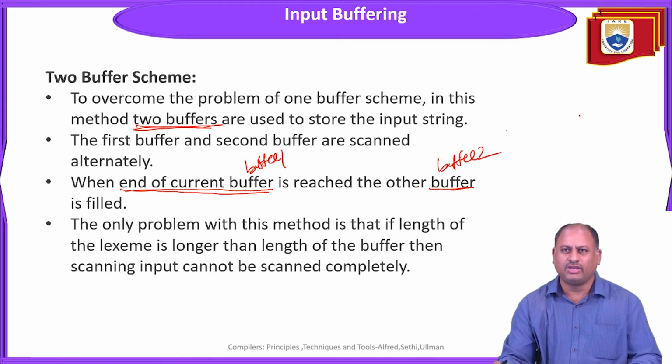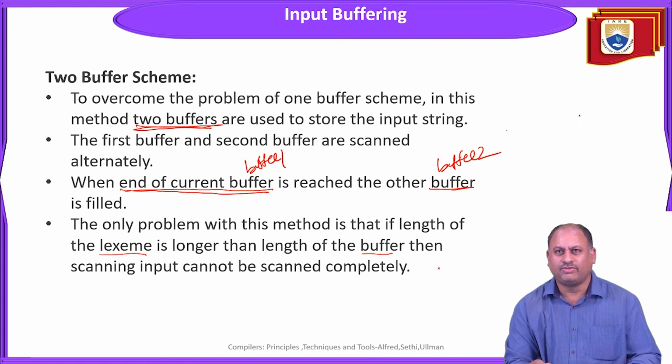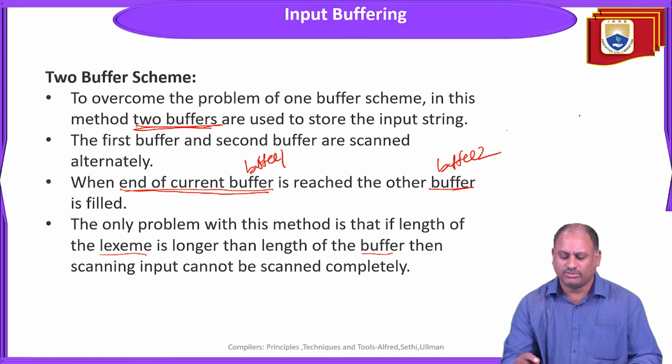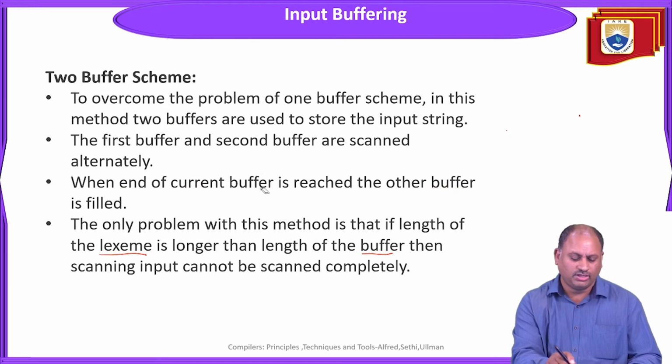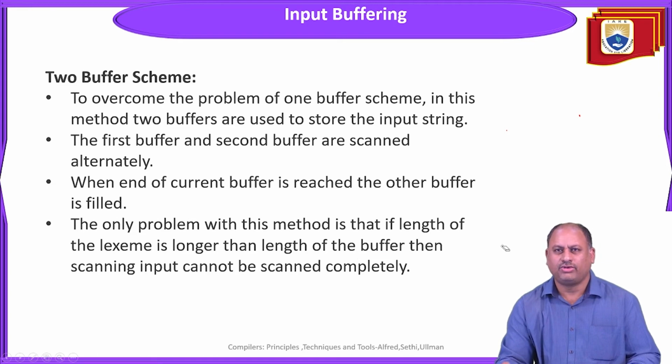So here also you may get the problem that the length of the lexeme is longer than the length of the buffer. To override buffer 1, we put a separate string in buffer 2 and then do the process. But if the second buffer is also completely filled, then we can go for overwriting the contents.